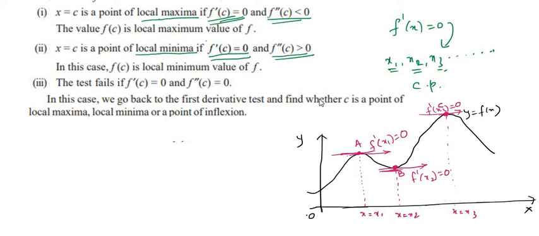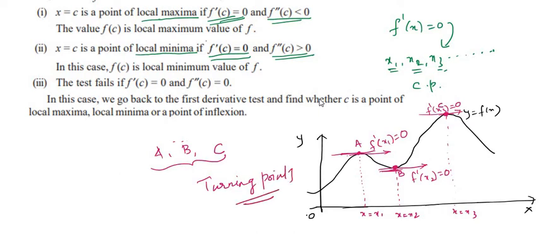Therefore A is a critical point, B is a critical point, and C is a critical point. We call these critical points, or turning points also. Both have the same meaning.